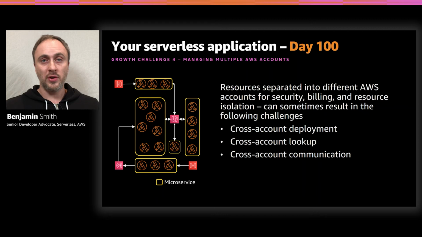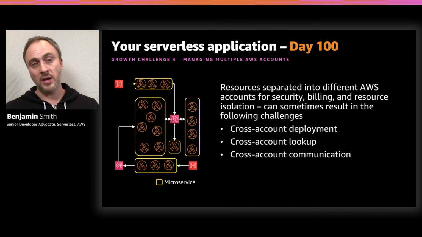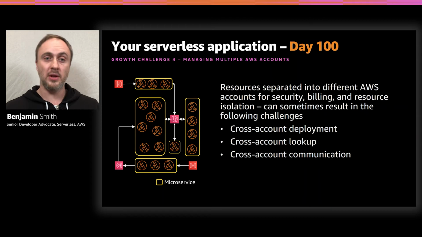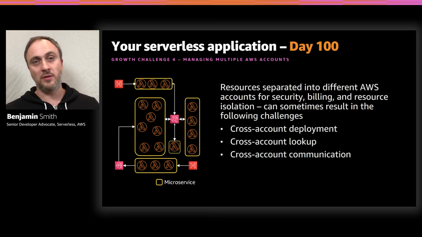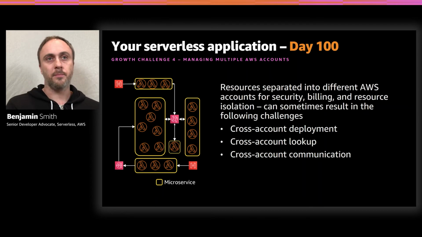So during deployment, a resource deployed into one AWS account may need to refer to a resource that is being deployed into another account. How do you do that? You have cross-account communication as well, where microservices executing in one AWS account may often need to communicate with a microservice that's executing in a different account. So what do these challenges look like, and how can we solve them?